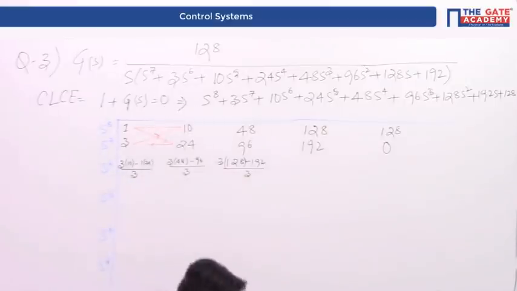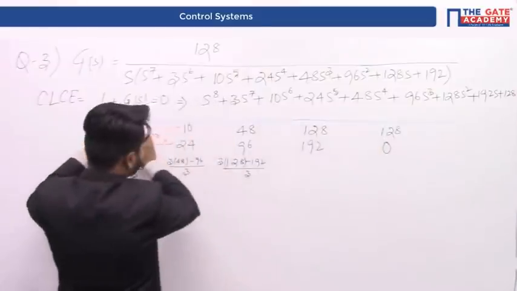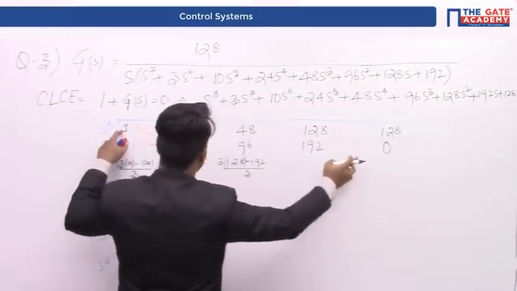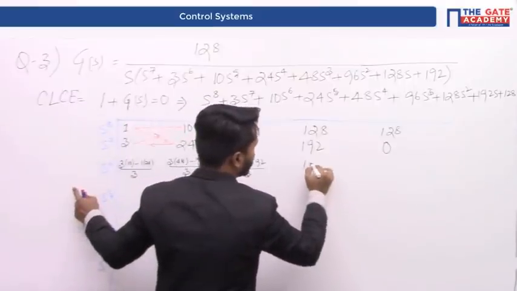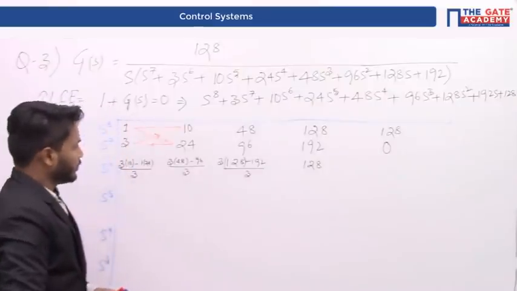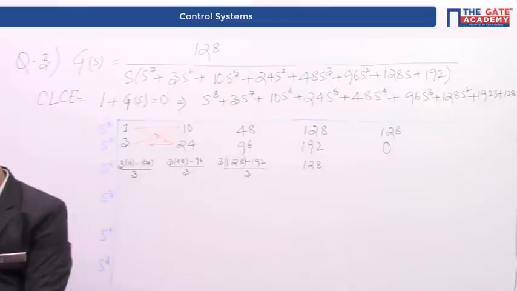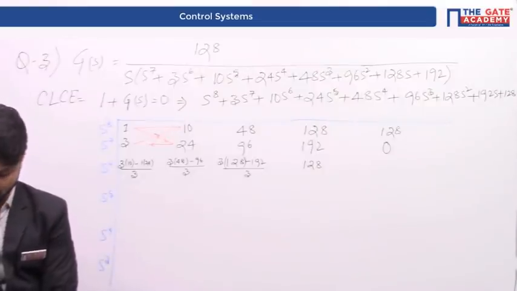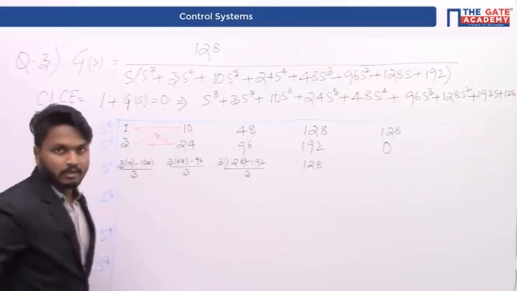The next can be calculated by 3 multiplied by 128 minus 1 multiplied by 0 divided by 3. That is simply 128. So even these remaining coefficients, you can replace them by calculating their actual values. You can replace these coefficients with their actual values.